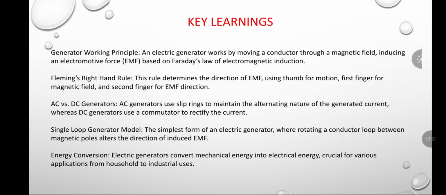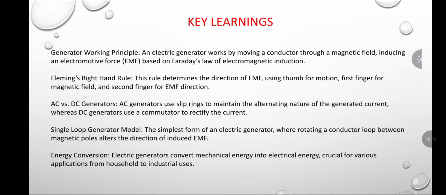The Fleming right-hand rule determines the direction of EMF, using the thumb for motion, the first finger for magnetic field, and the second finger for EMF direction.